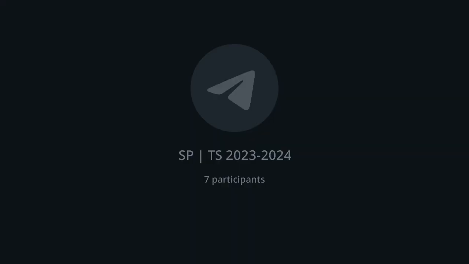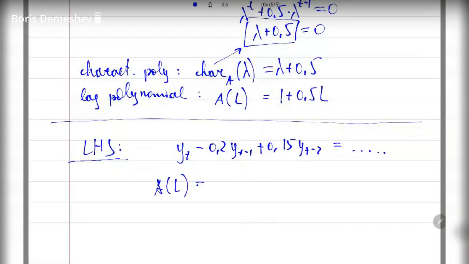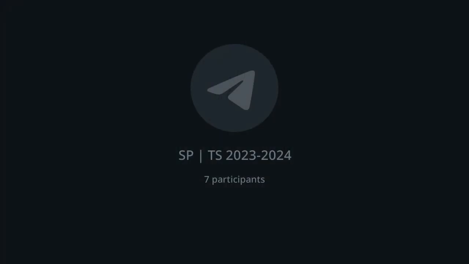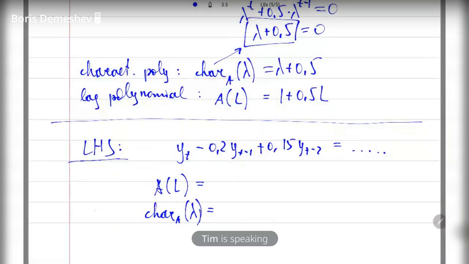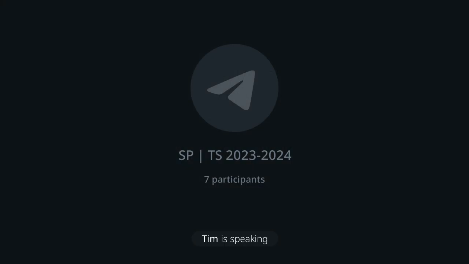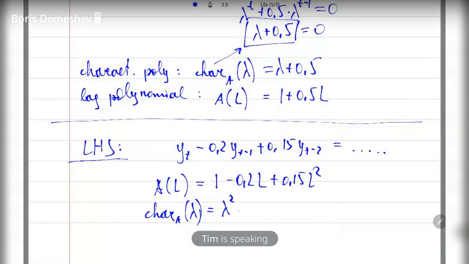Who can write me the lag polynomial, and who can write me the characteristic polynomial of lambda? The lag polynomial is 1 minus 0.2 L plus 0.15 L squared. And the characteristic polynomial is lambda squared minus 0.2 lambda plus 0.15.